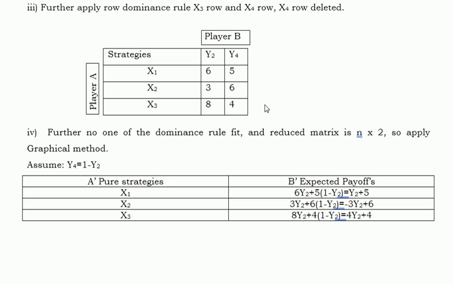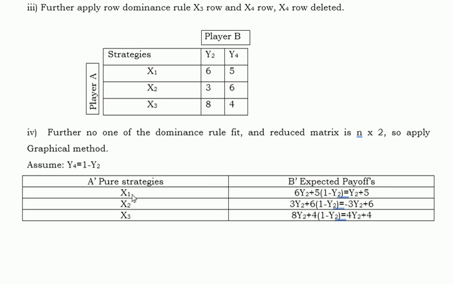For that, here the first column is y2, so you have to determine the expected payoff for player B. Assume y4 equals 1 minus y2.